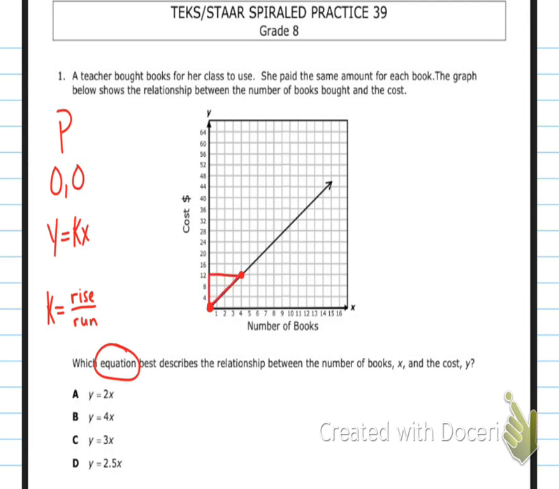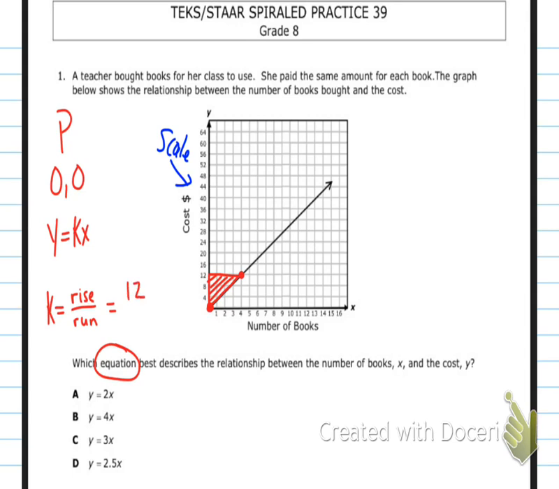So it's an easy thing to do. The only thing I do want to be careful with is the scale. A lot of times we overlook the scale. We want to pay attention to it because it's not always going to go by ones. In this case, one of the scales is going by fours. So that's going to affect the way we count. So what's my rise? Well, my rise, according to what I'm seeing here, is 12.